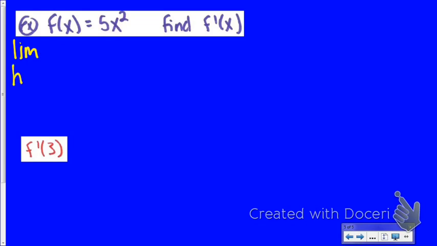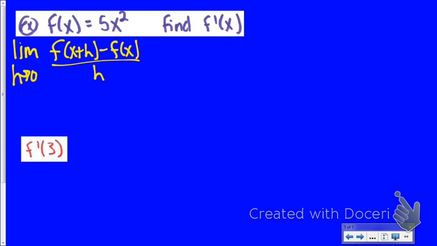So it's the limit as h approaches 0 of f of x plus h minus f of x, and that is all divided by h. So the first thing you need to find is f of x plus h, which means everywhere there's an x, I plug in x plus h.